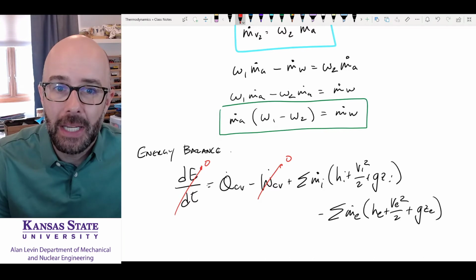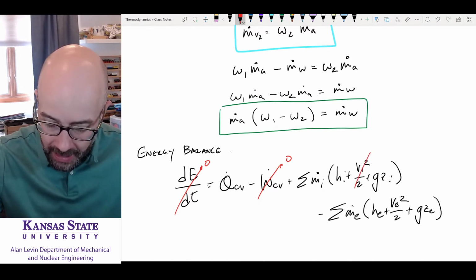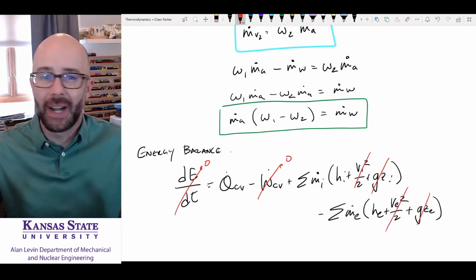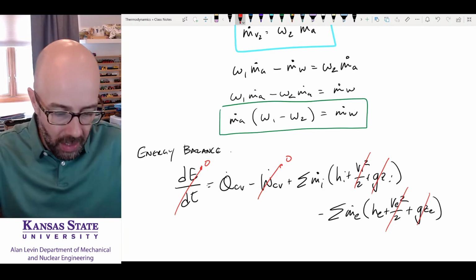But there is going to be some heat transfer. And then we're going to have no kinetic or potential energy effects. Our air conditioner's not moving anywhere. That's what we have. Now there we go.